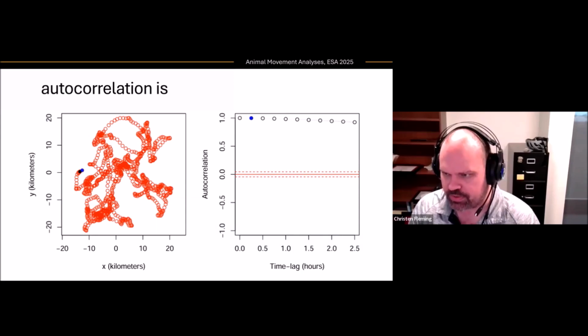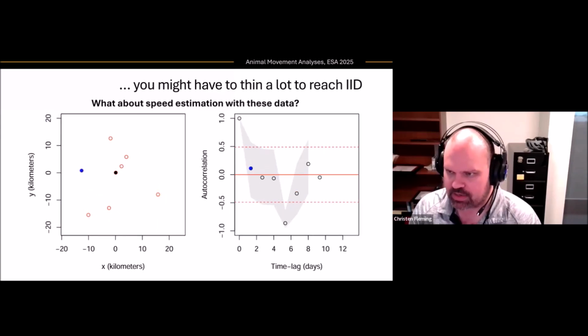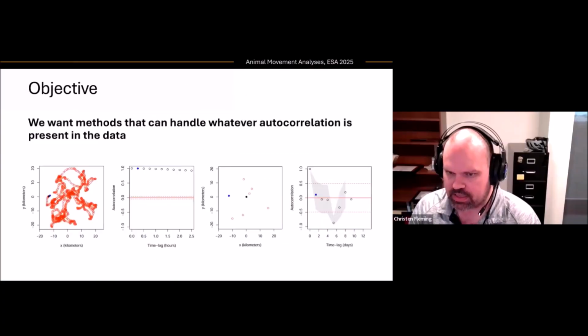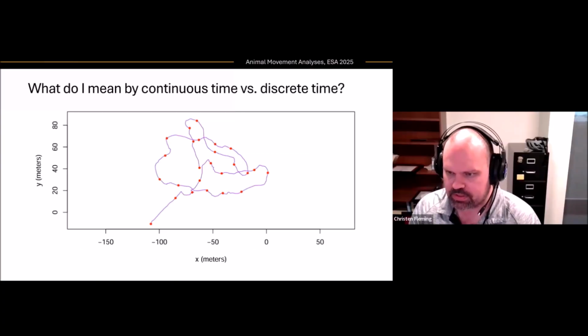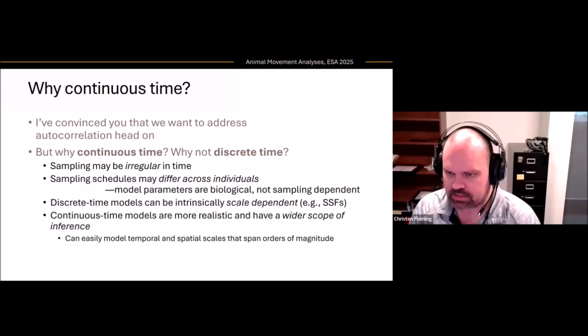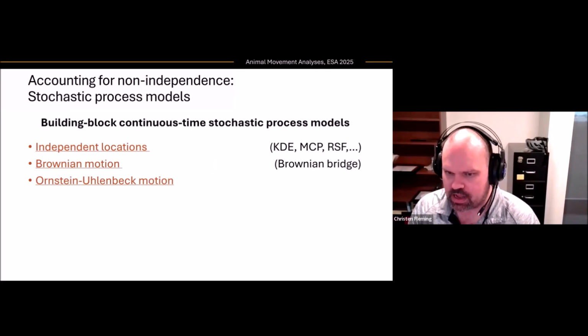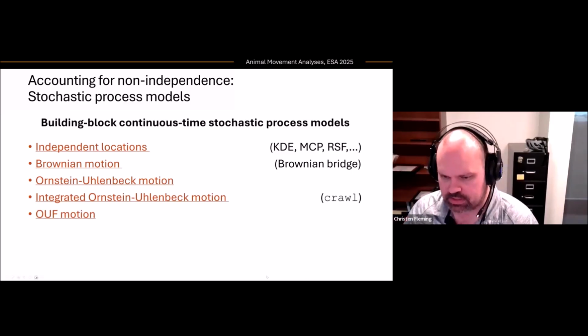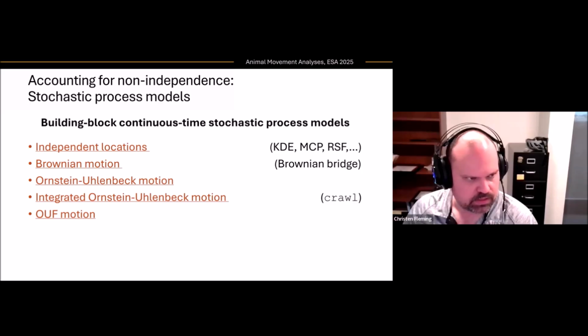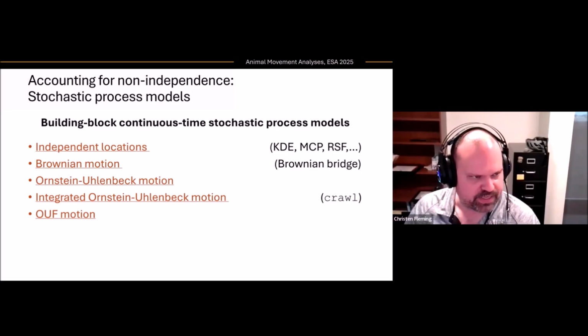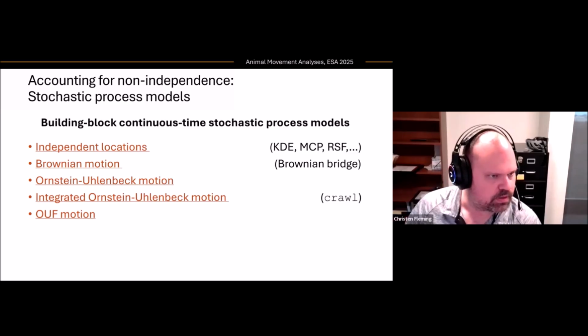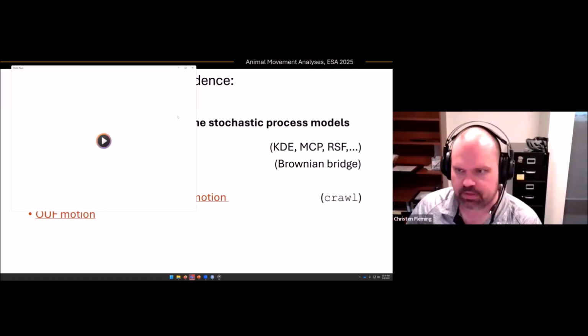So let me show you, because I don't want to run out of time, the different autocorrelation models that we're going to be fitting today and what they look like. So here we go.